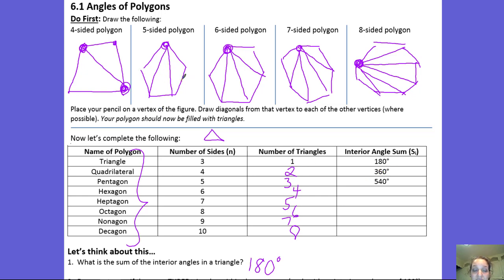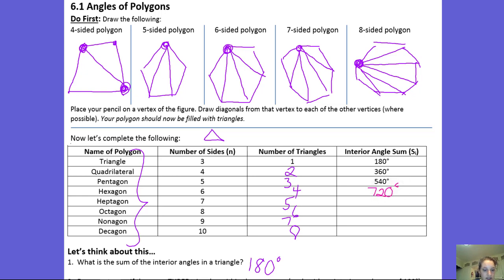For a pentagon, if you added up all the interior angles, it would just be 180 plus 180 plus 180. There's 3 triangles, and I could add up those 3 triangles' angles. 3 times 180 is 540. For a hexagon, there's 4 triangles, which is 720 degrees.